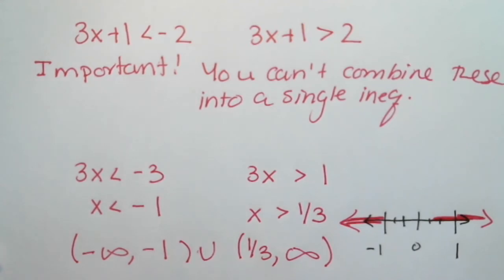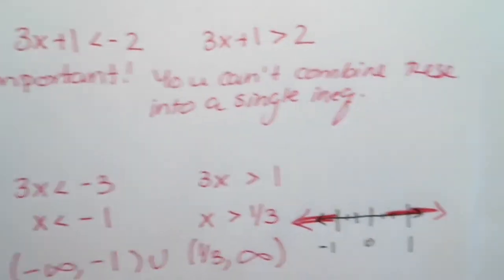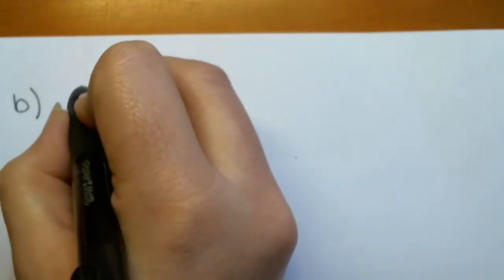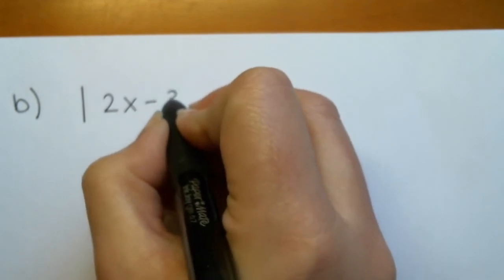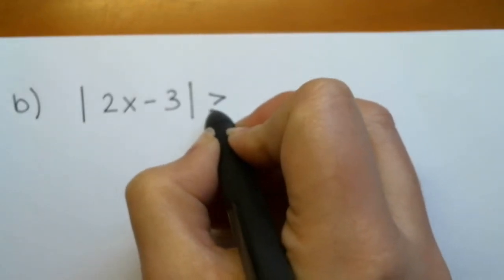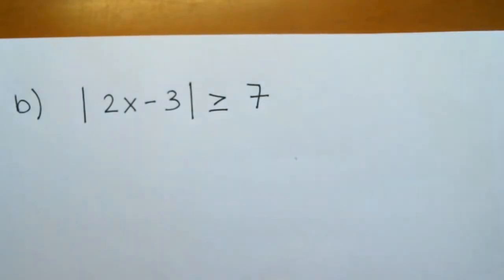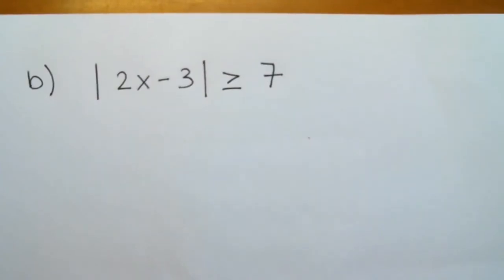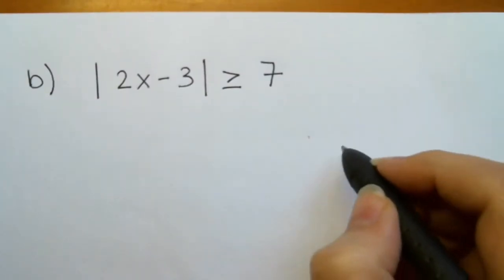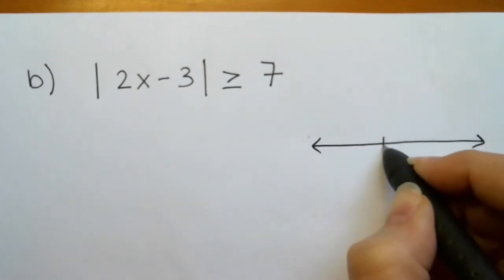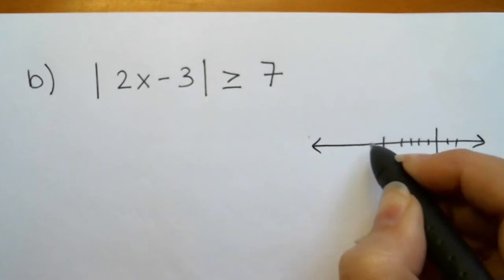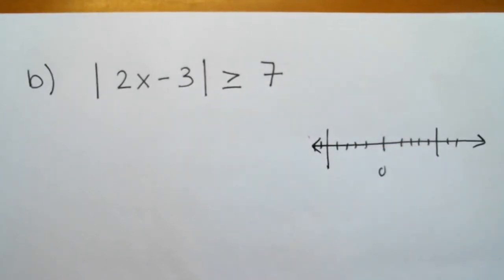All right, let's look at another example like this. So we'll call this one part A. Again, we're looking for something where this whole number has absolute value greater than 7.